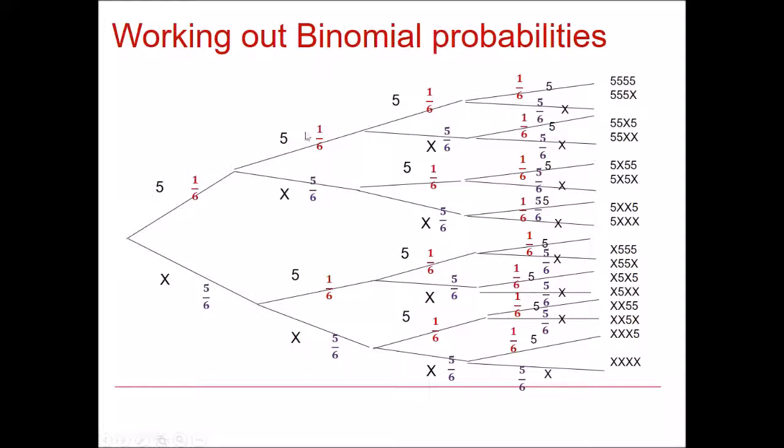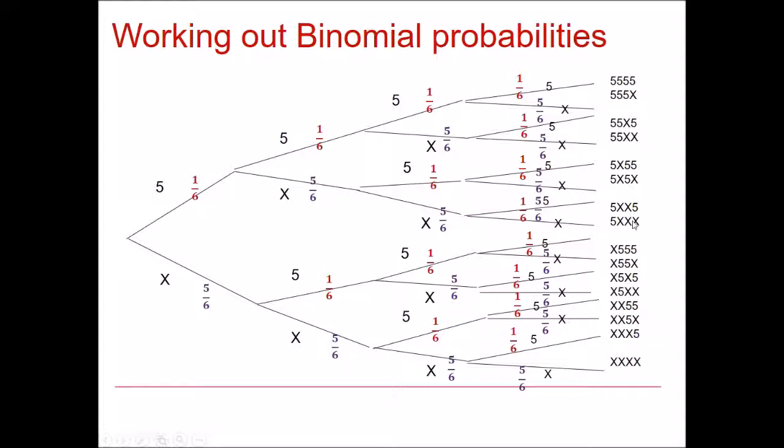The top one here, where we roll 5 after 5 after 5 after 5, I've written like this, and so on. This is 3 5s followed by not getting a 5, and so on. Now, what's interesting to note here is that the probability of getting 3 5s, for example, and 1 non-5 is the same whether you get the 3 5s first, followed by not getting a 5, or 2 5s, not a 5, and then a 5, or a 5, not a 5, and then 2 5s in a row, or failing to get the 5 first time and getting the 3 5s later.